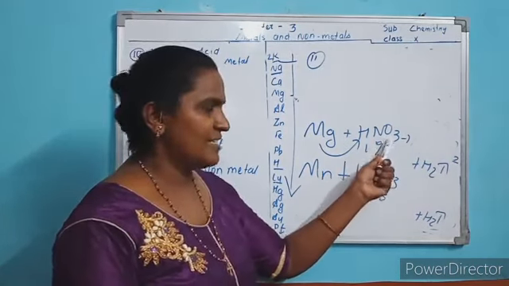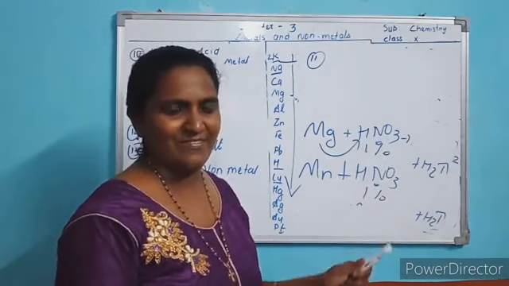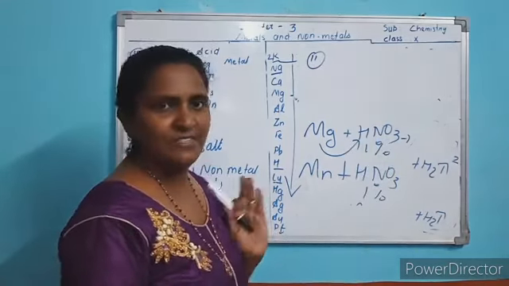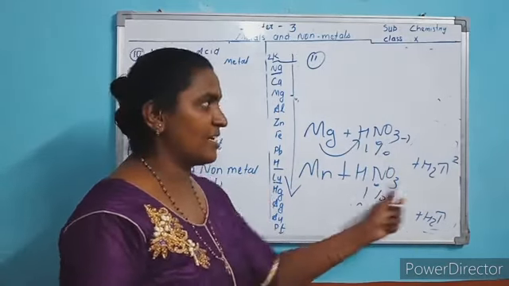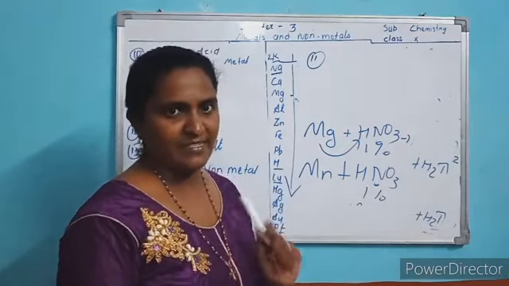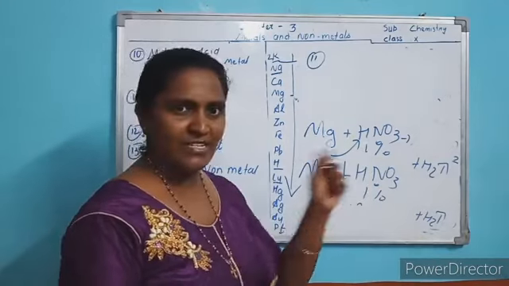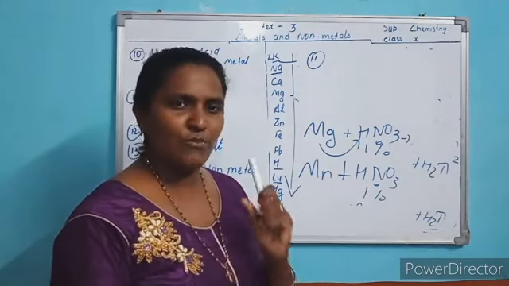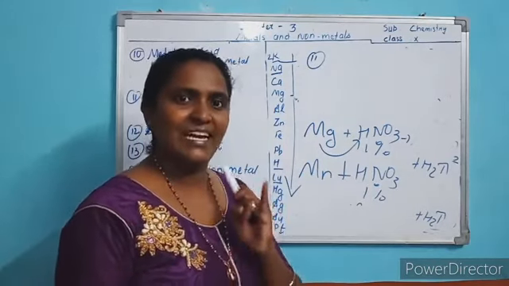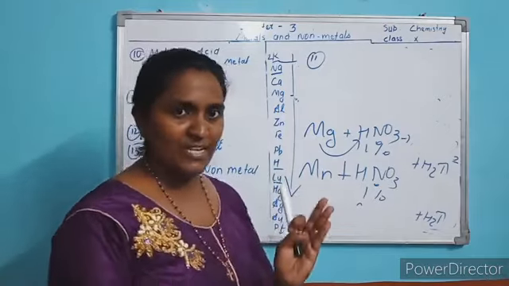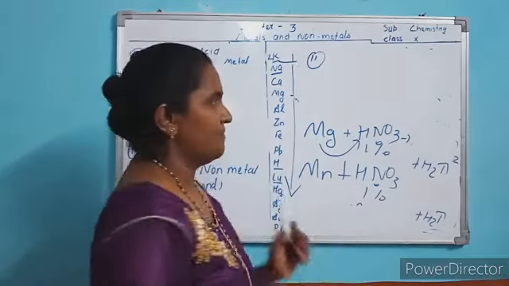Like this, much diluted. Under this condition they liberate hydrogen gas. No other metal reacts with nitric acid to give hydrogen because it is an oxidizing agent. Only one word you write: it is an oxidizing agent, so it oxidizes hydrogen to water.